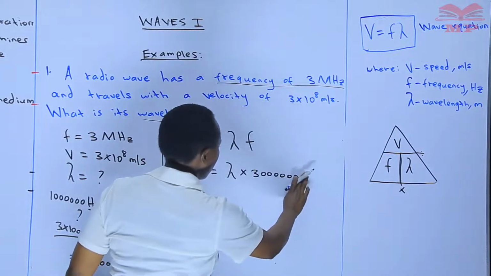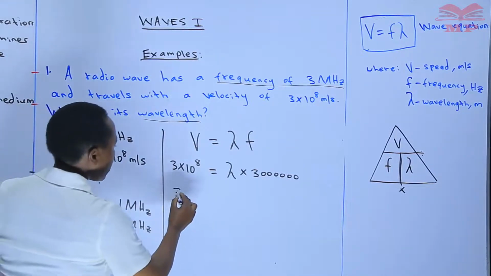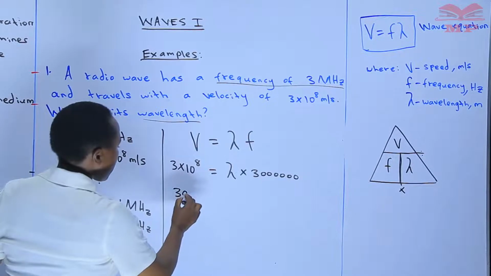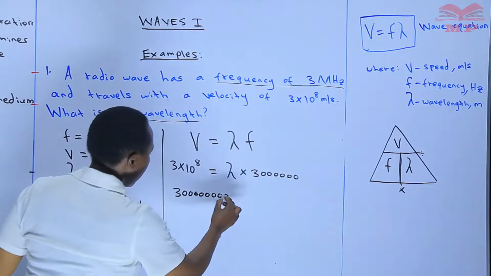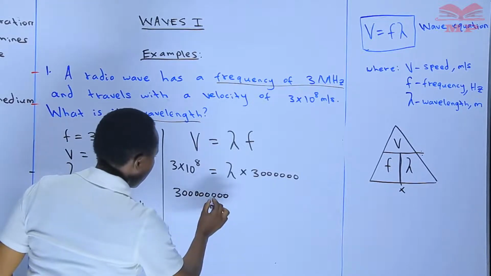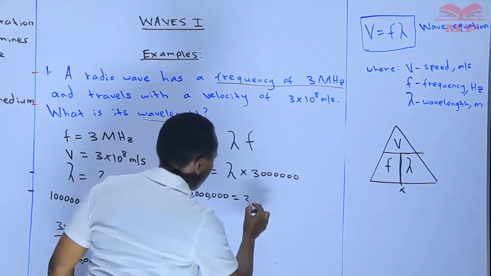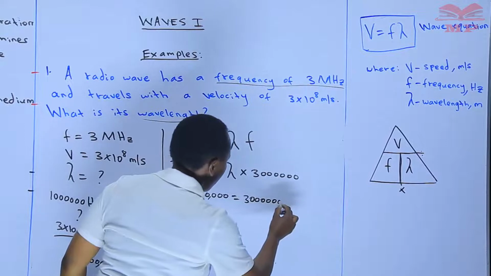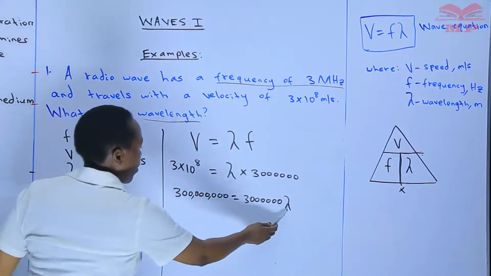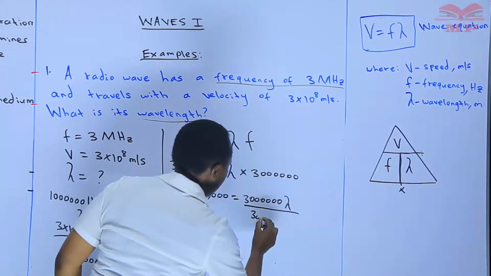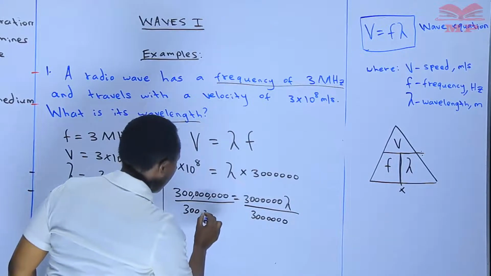So 3 times 10 power 8 is the same as 3 followed by 8 zeros, which is 300 million, equal to 3 million multiplied by the wavelength. For us to get the wavelength, we can divide both sides by 3 million.